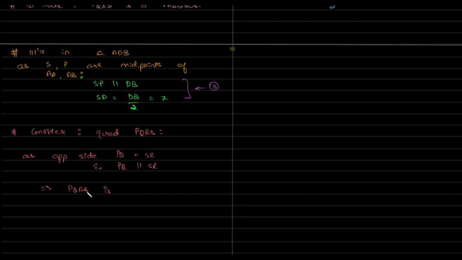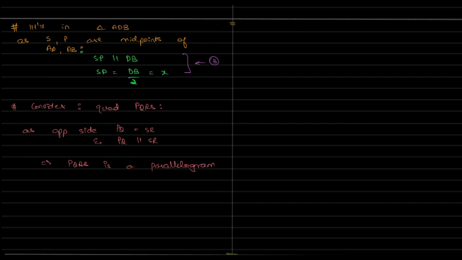PQRS is a parallelogram. But SP is equal to PQ, thus PQRS can be considered to be a rhombus.